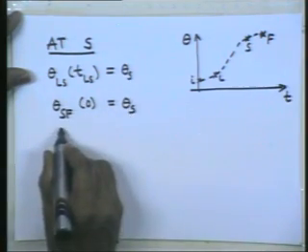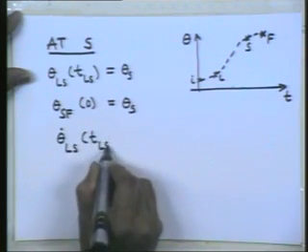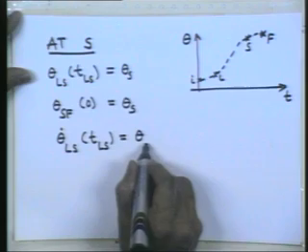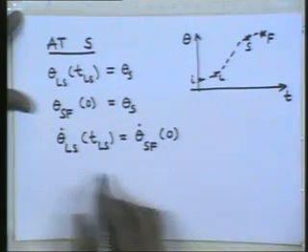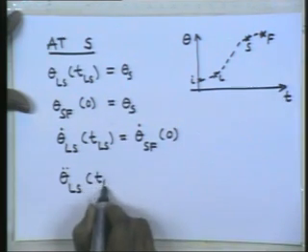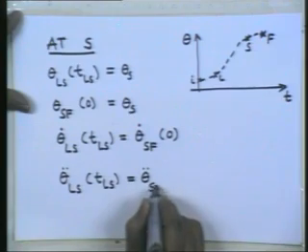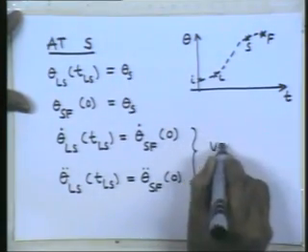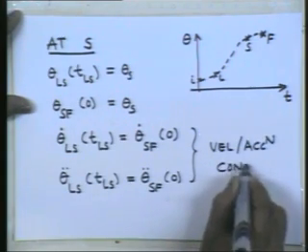Similarly, the velocity and acceleration continuity conditions, and theta double dot, this is again velocity and acceleration continuity.